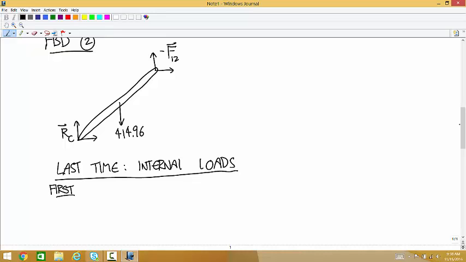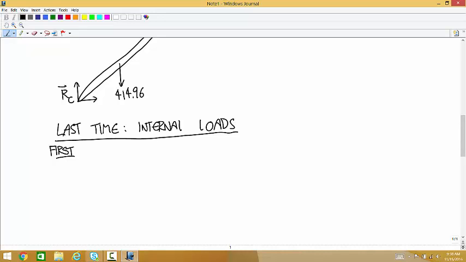The way we went through it was I gave this example beam where we had downward forces of 500, upward force of 1,000, downward force of 500.